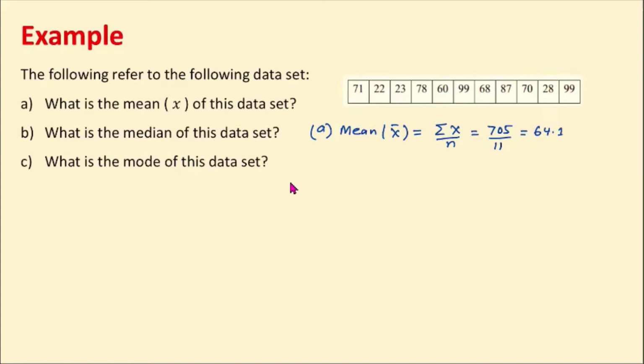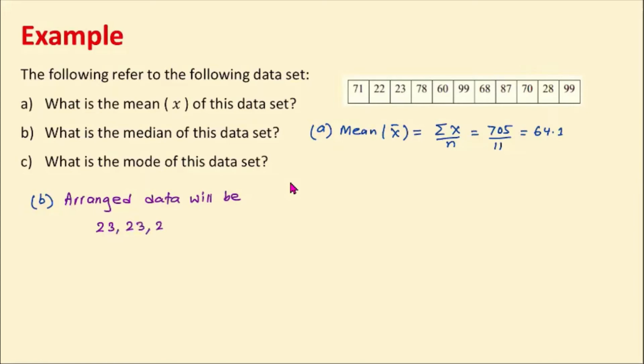Okay, the second part, part B, is what is the median of the data set? In order to find the median, we have to arrange the data. So let's arrange the data. The smallest data value is 23, and we have two of them, 23, 23.